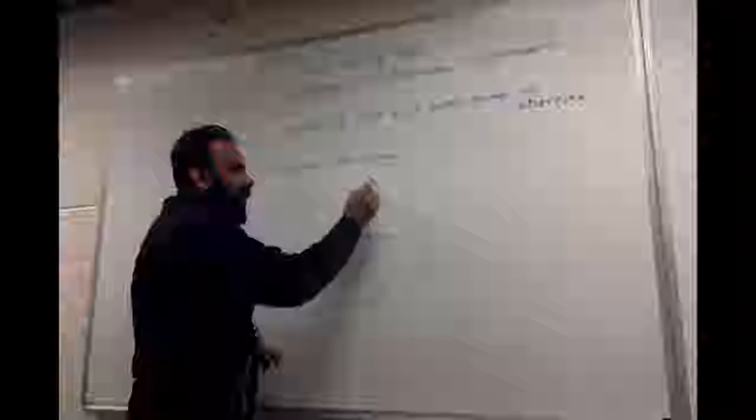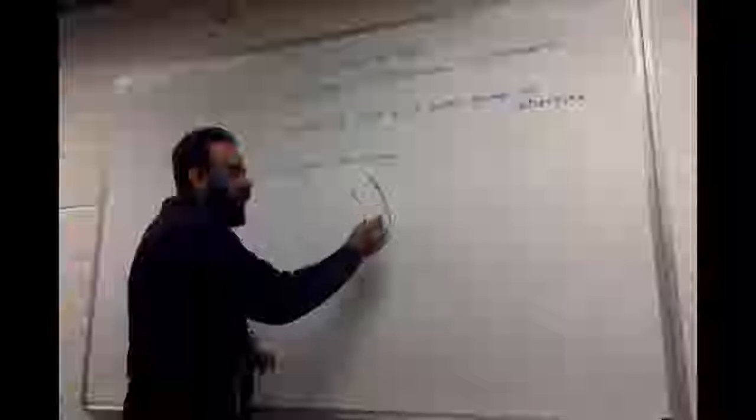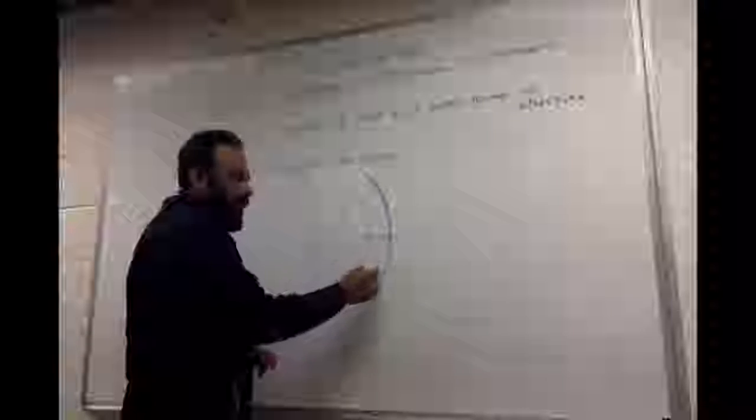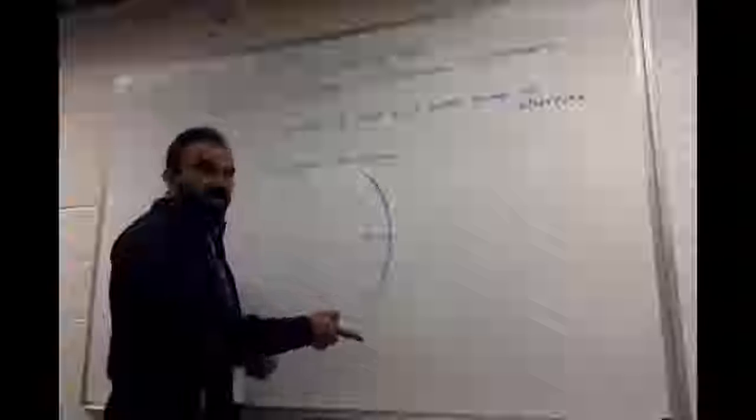So, if you're looking at this wavefront, each point on this wavefront acts as a secondary source of new waves. So each one is going to act as a new source. This one is going to spread the waves there, this one is going to spread the waves. So every point on the previous wavefront is going to send waves around it.